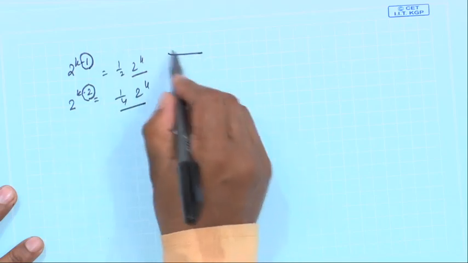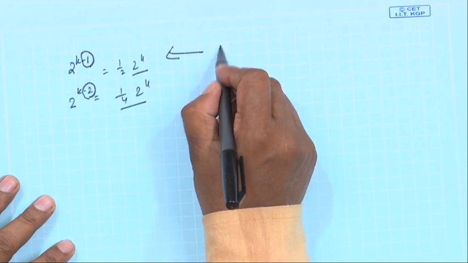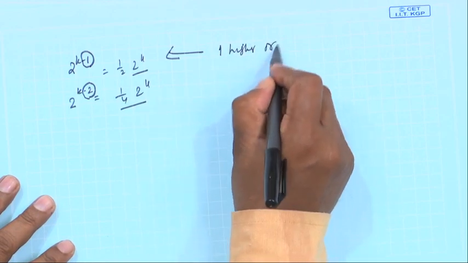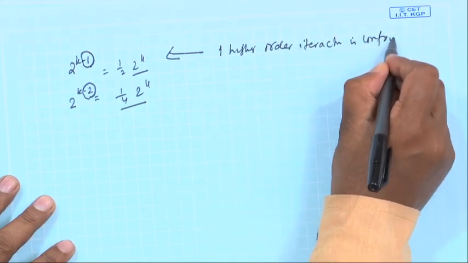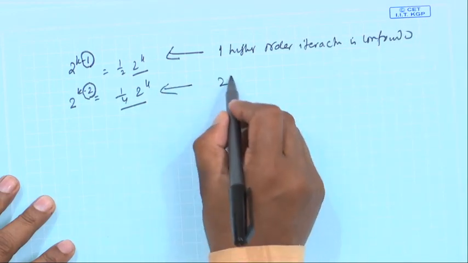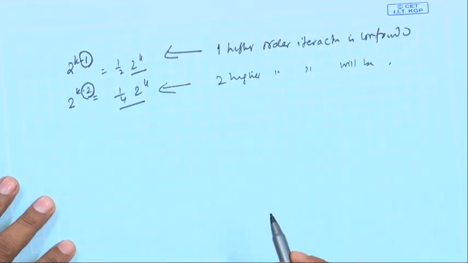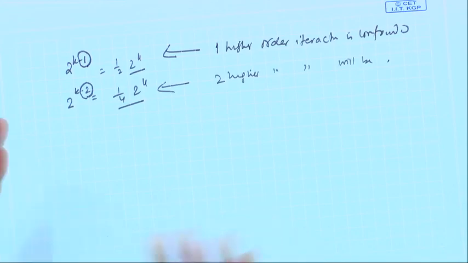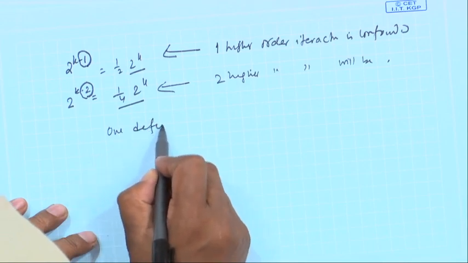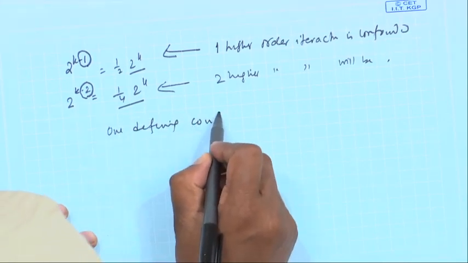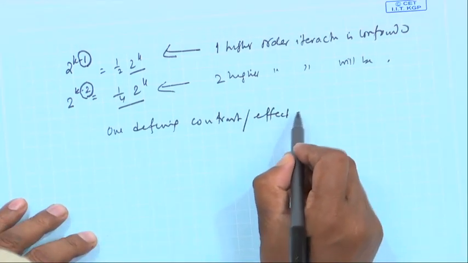When you are using 2 blocks, one higher order interaction is confounded. But here, 2 higher order interactions will be confounded. Every confounding case will give you one defining contrast per effect to be confounded.